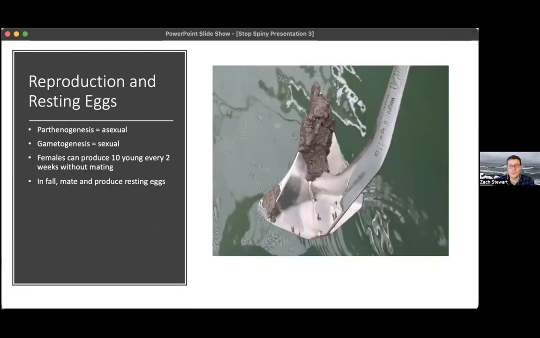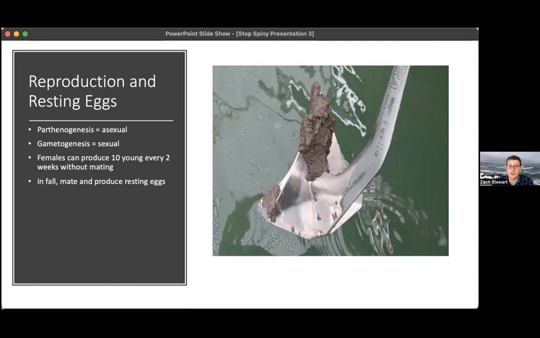I promised to touch on the reproductive capabilities of this unique animal, and it's really quite an interesting thing that they can do. They can perform parthenogenesis, which is asexual reproduction, or gametogenesis, which is sexual reproduction, depending on the environmental conditions that they're experiencing.